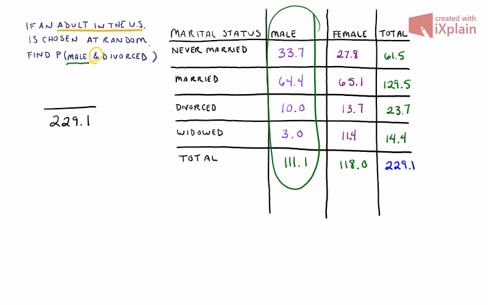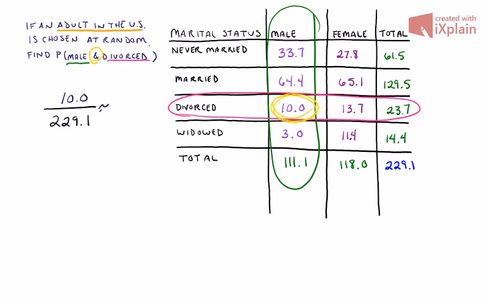I'm going to ask if they're divorced. So we will come through here, and the winner, I guess if you want to consider discussing divorces winning, I don't know. We're going to find out that the group that we're interested in is going to be that 10 million group. So we're going to go ahead and drop in our 10 million.